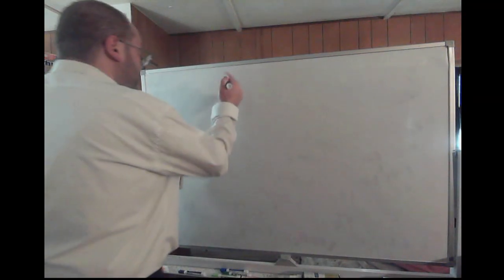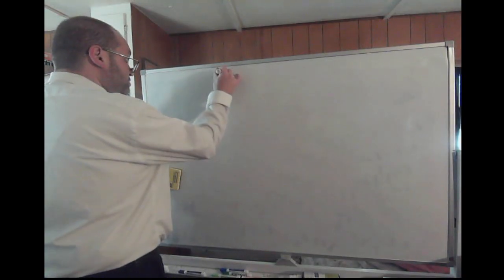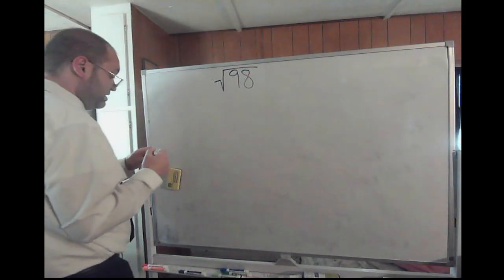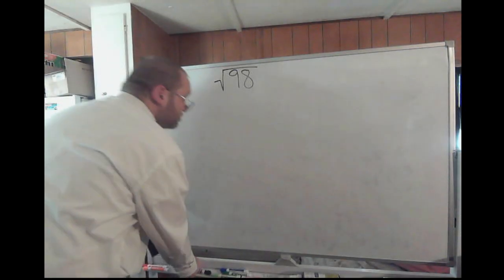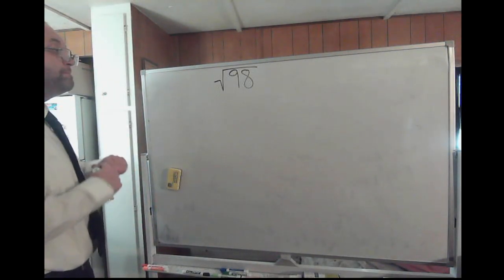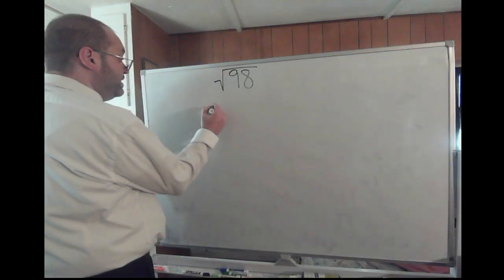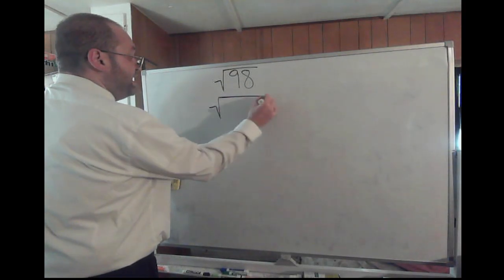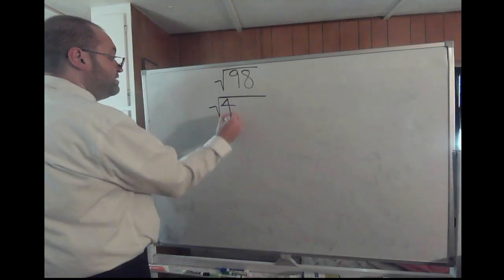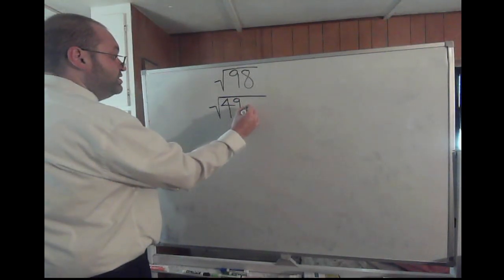Alright, how about we have here the square root of 98. So we've been given the square root of 98. Again, 98 is not a perfect square, right? But we can make this into two factors where at least one of them is a perfect square. We have, for example, 49 and 2.